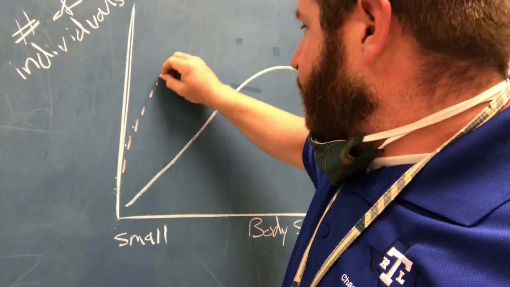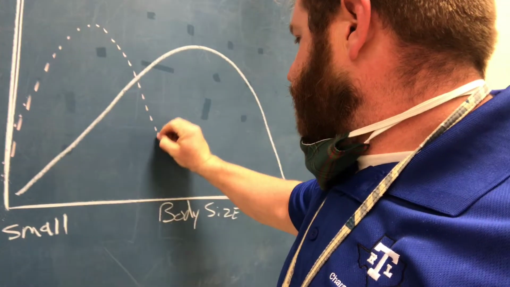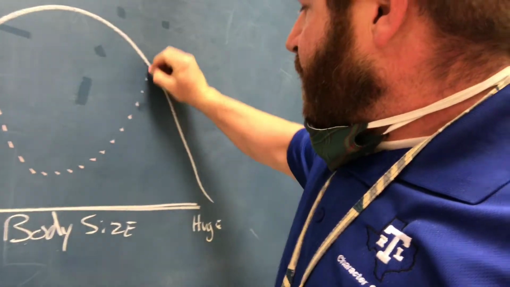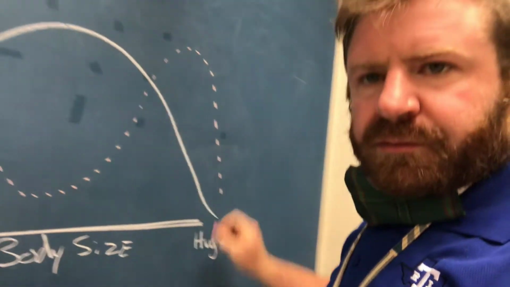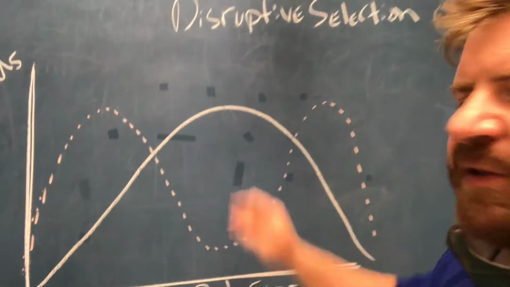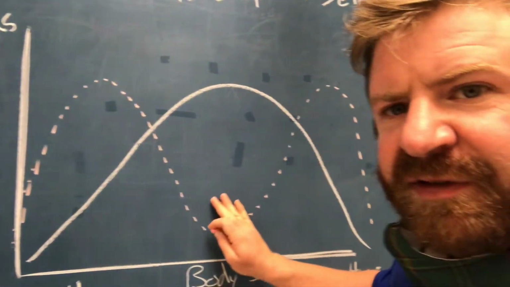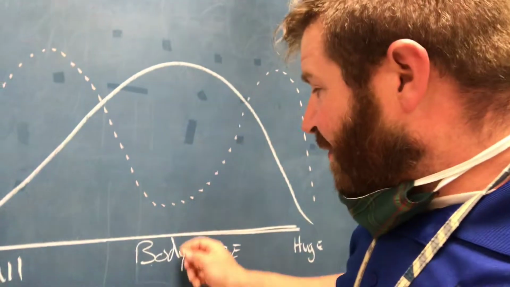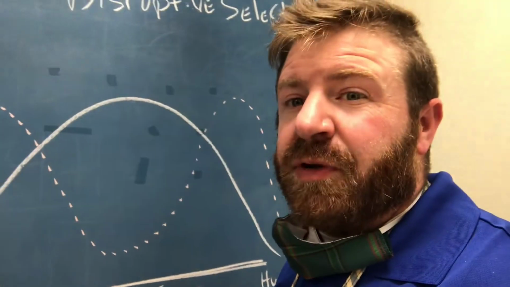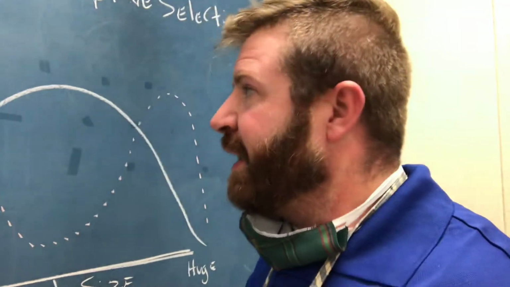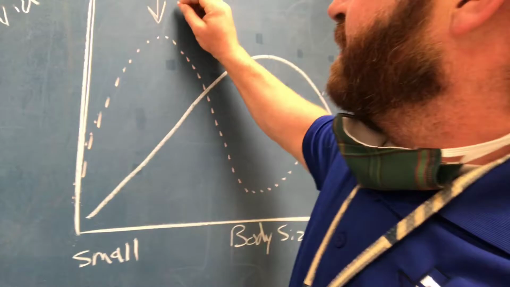small wolves and a population of huge wolves, okay? And so there's been a disruption. That middle part is being selected against. And now there's hardly any normal-sized wolves anymore in this little example that we're doing. And eventually this becomes a species.